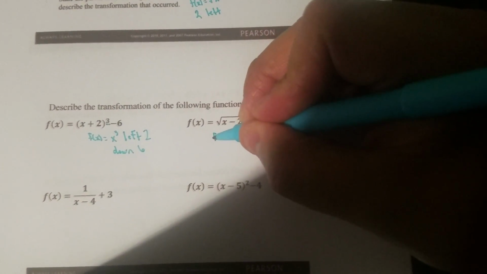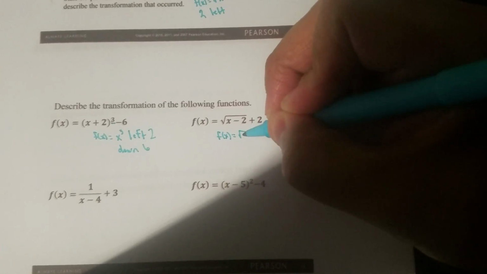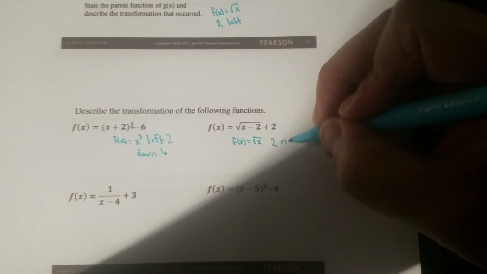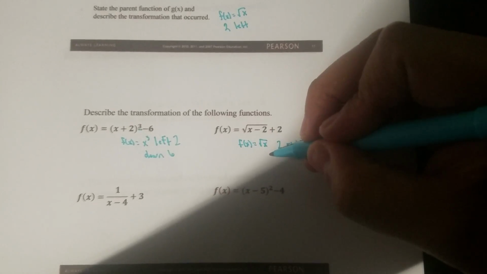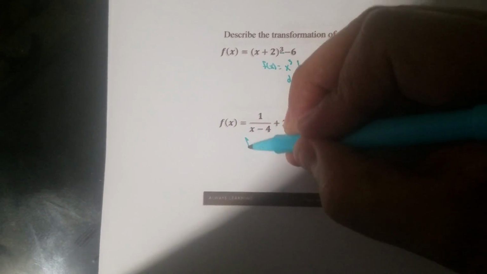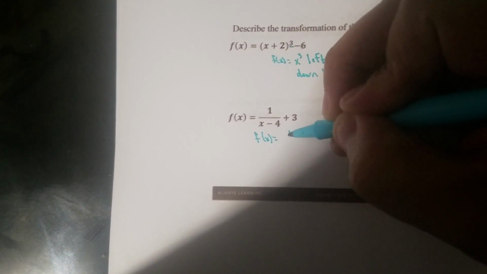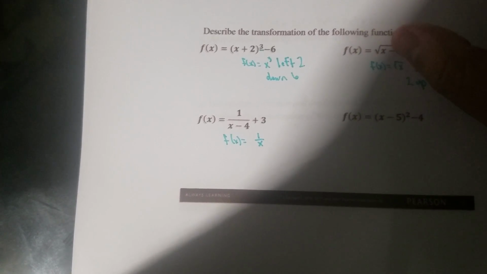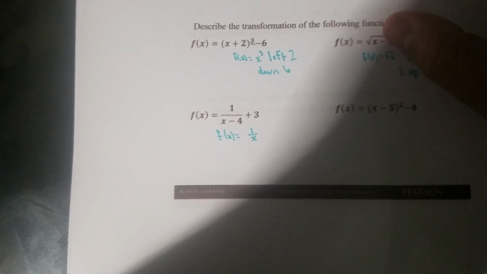Okay, so we're looking over here. My original equation here is the square root equation, and I moved 2 to the right and 2 up. This one, the original equation, is the 1 over x equation, the reciprocal equation.